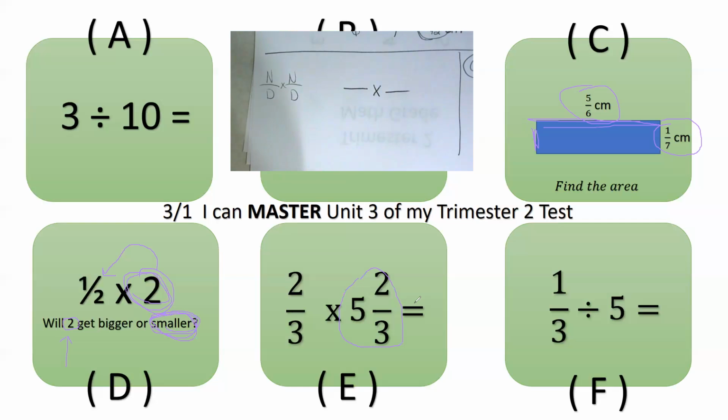So this is a mixed number. It's not a numerator denominator. It's a whole number with a numerator and denominator. But remember, we could turn this into an improper fraction.